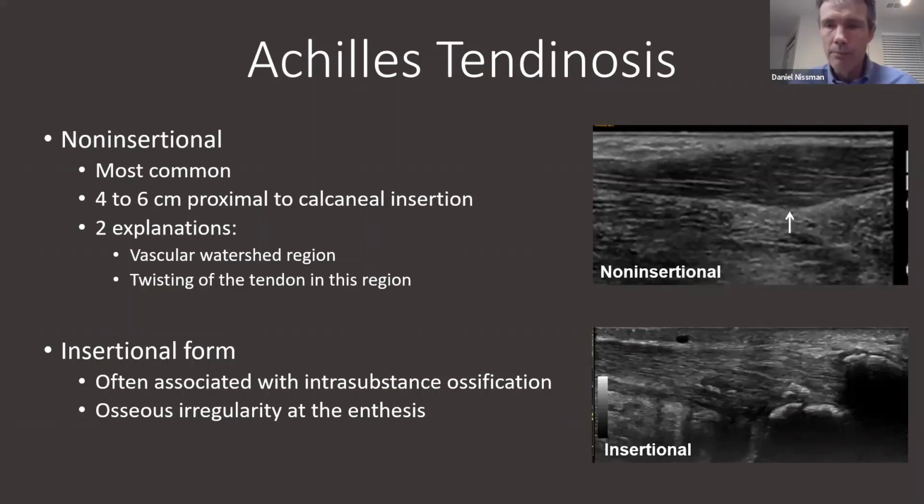So the things that you see there are enlargement and that bony irregularity, which represents sort of micro tears or cracks in the bone into which fluid goes. So this is just a classic enlargement, mild tendinosis here.